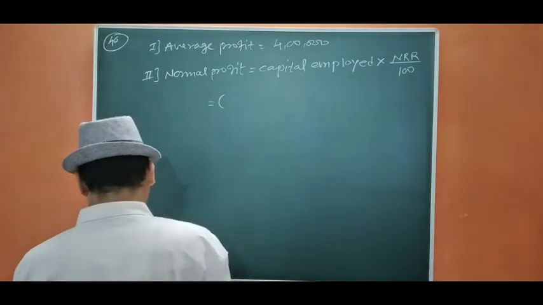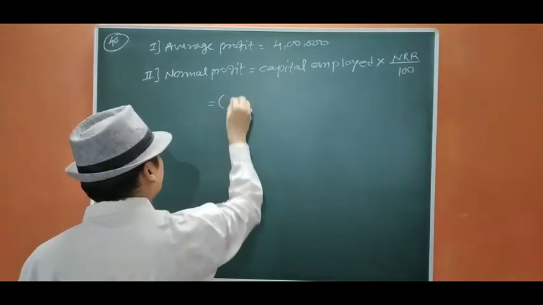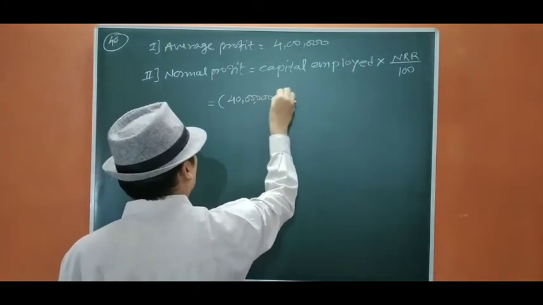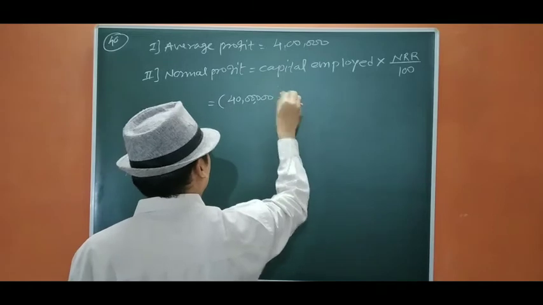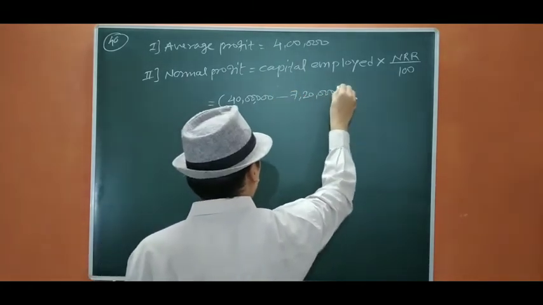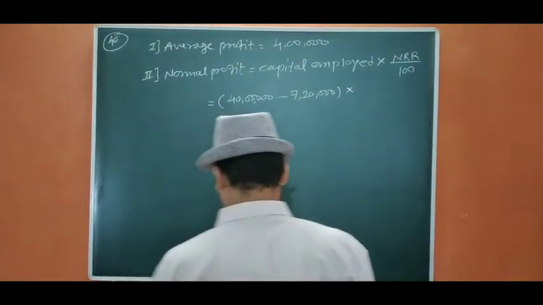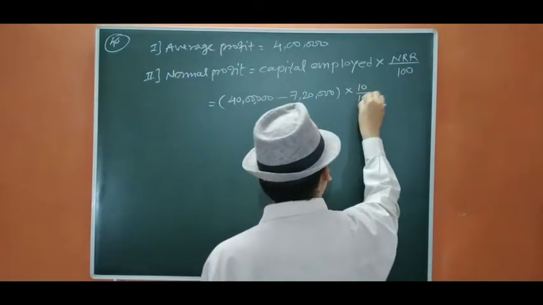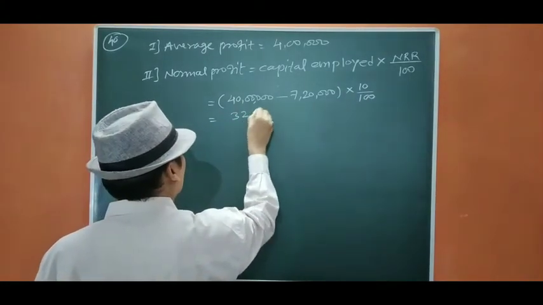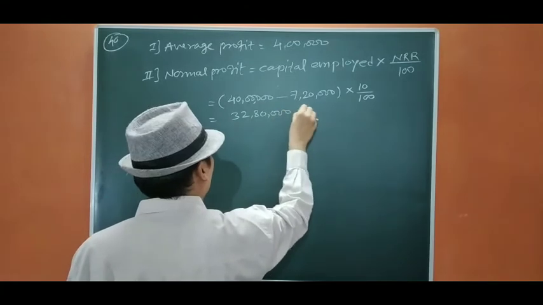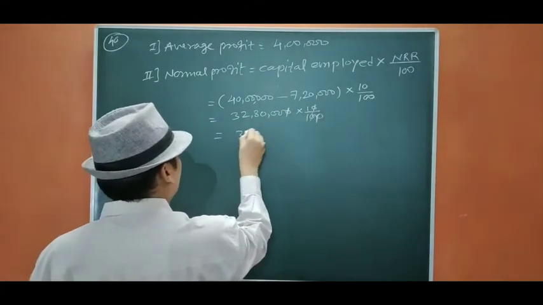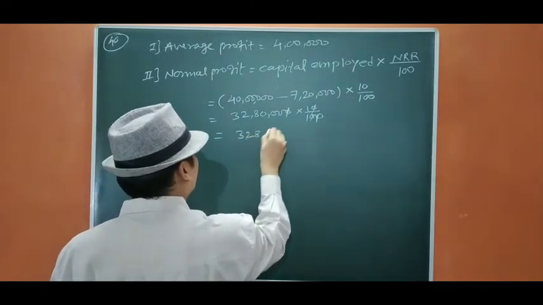Total assets are given to me, that is 40 lakh, and the external liability is given to me, that is 7 lakh 20,000, into rate is given to me, 10%. Okay, so that will be 32 lakh 80,000 into 10 upon 100. So it will be 3 lakh 28,000.